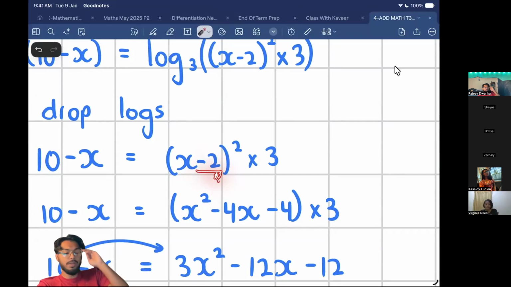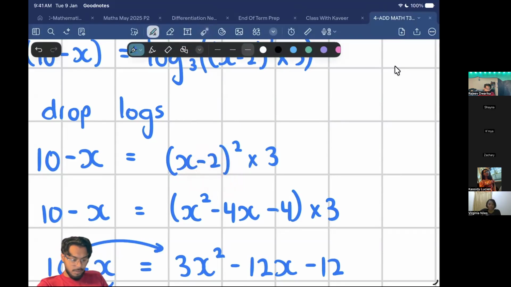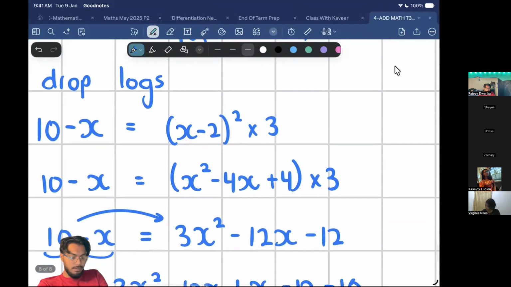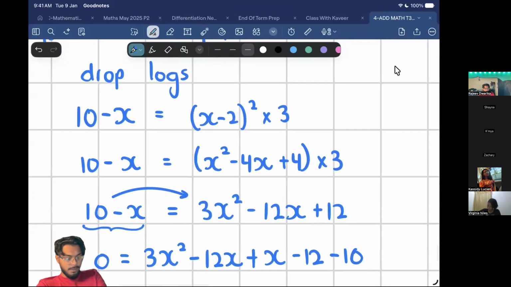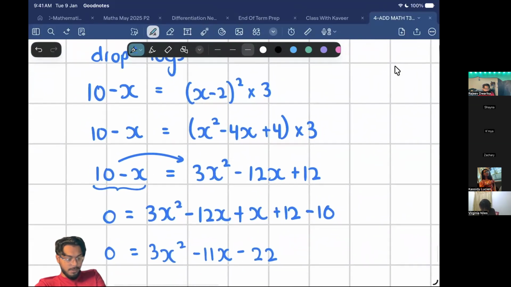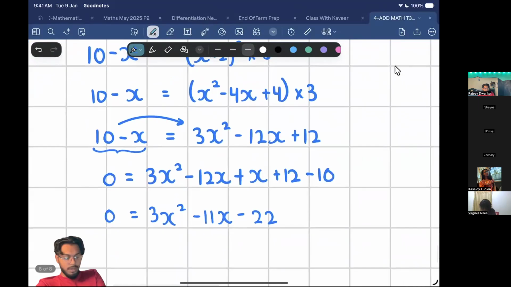Anybody? It's positive. So that's really supposed to be plus 12, yeah? Yes, sir. So plus 12 minus 10 is 2.